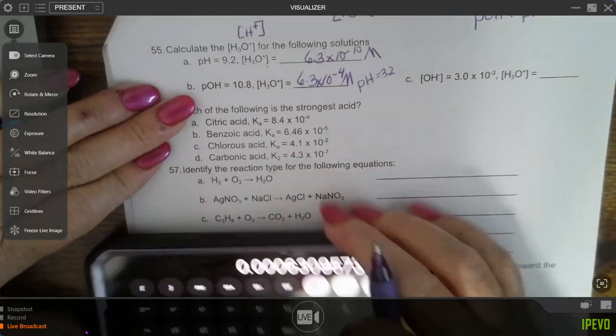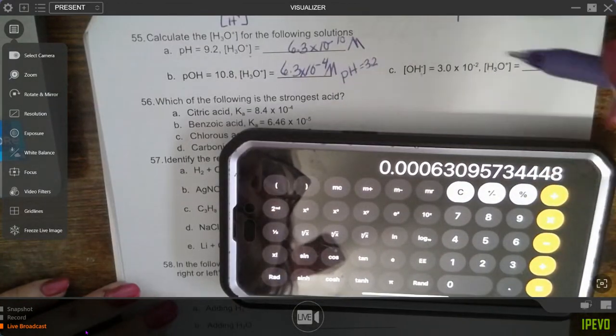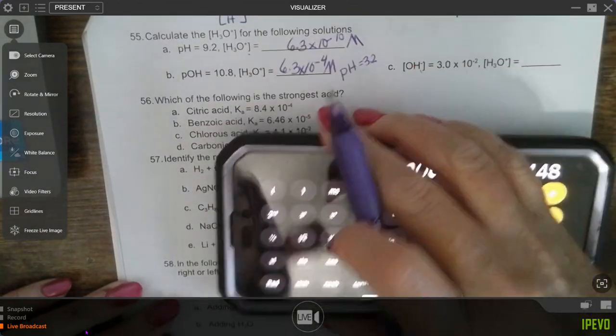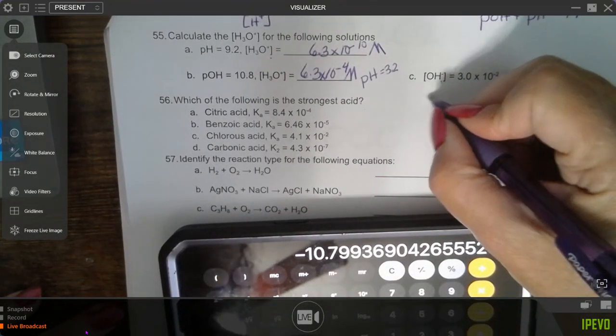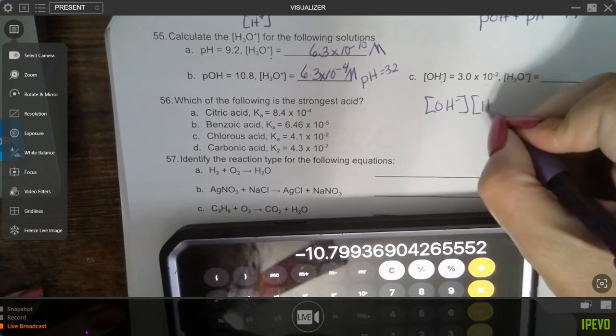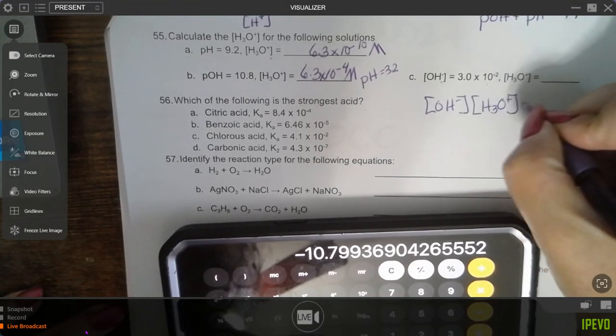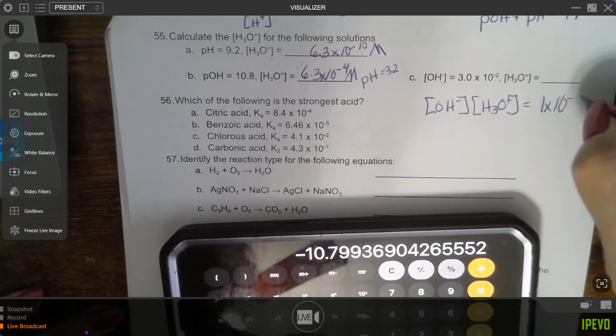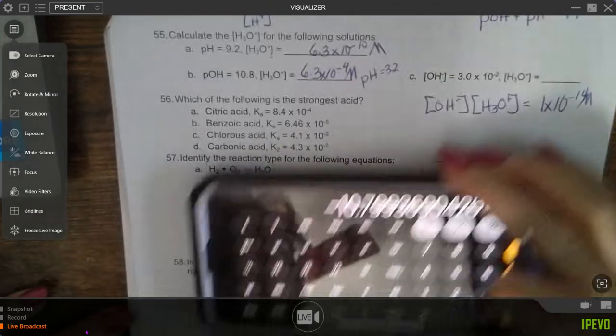Okay. Last one. Hydroxide ion concentration is this. What is the hydrogen ion concentration? This one I'm going to use this: hydroxide ion concentration times hydrogen ion concentration is equal to 1 times 10 to the negative 14th.